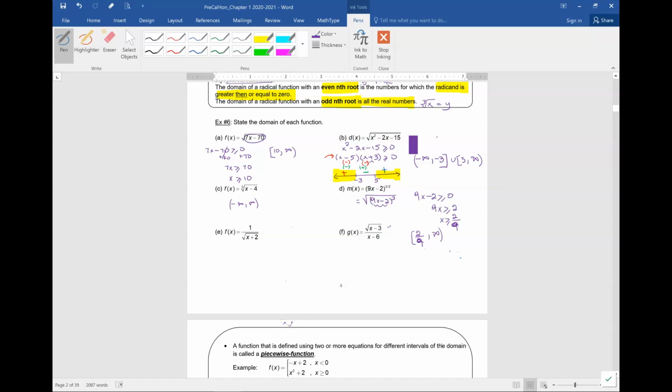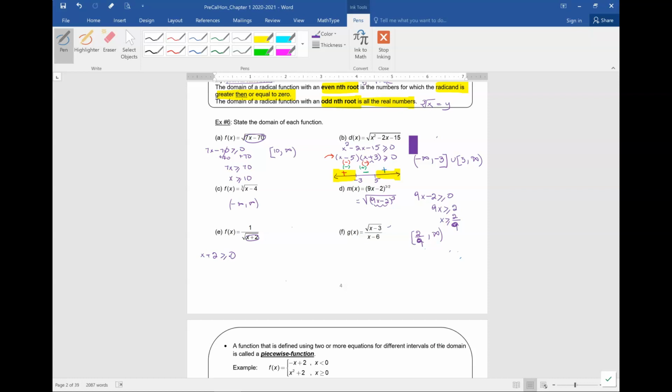Look at this one. 1 over root x plus 2. Okay, first order of business, I see a root. So I say the stuff inside has to be greater than or equal to 0. And then my brain just gives me a warning. And we're like, wait a minute though. Yes, it should be greater than 0.